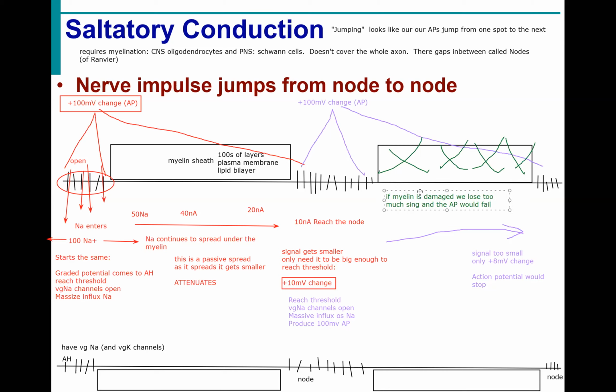Luckily, there is no disease that damages the myelin of our axons and causes that kind of problem, right? Or wait, is there something like that? There you go. Multiple sclerosis. Multiple sclerosis is an autoimmune disorder where your own immune cells destroy your myelin sheath.